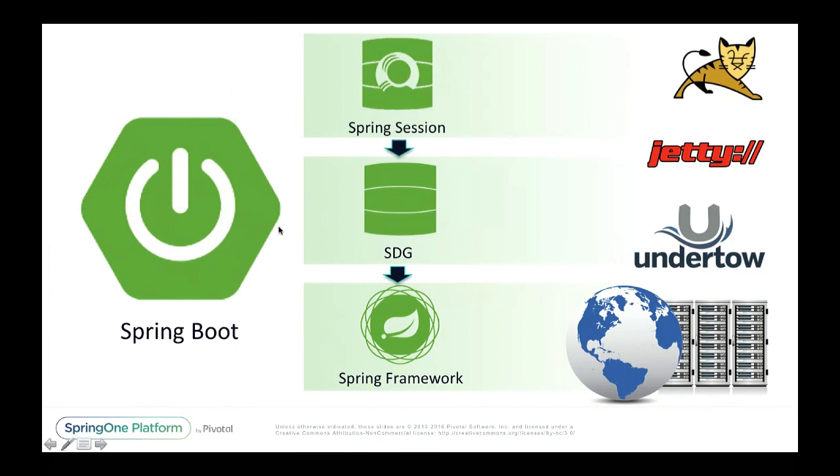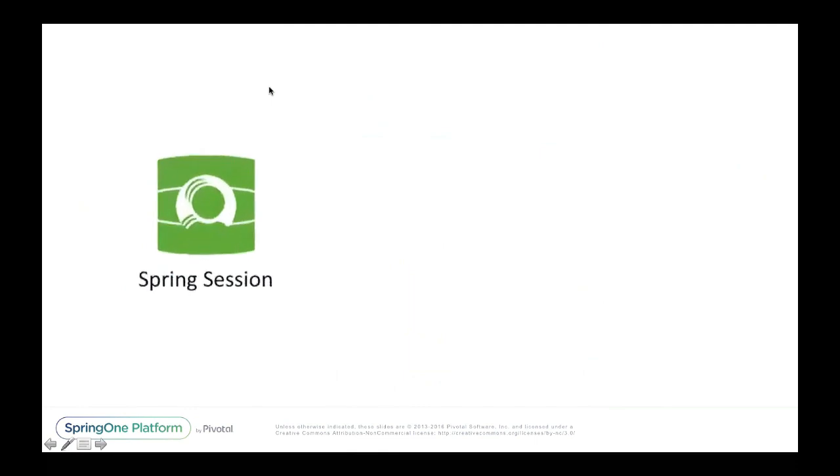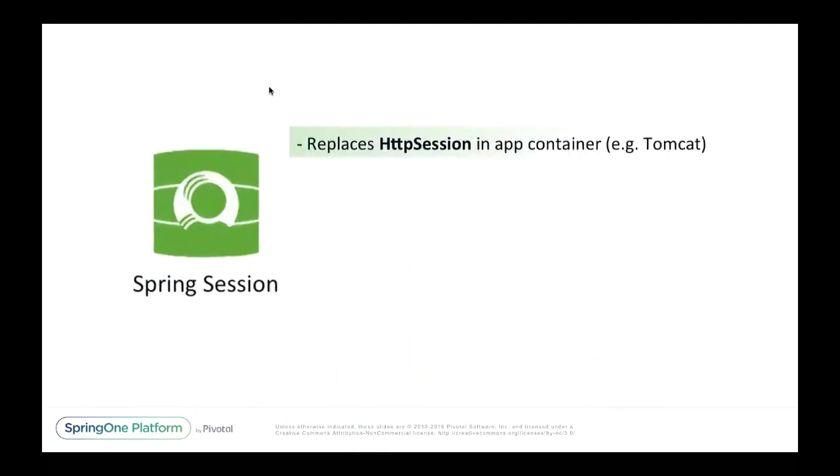So let's drill in a little bit further and talk about Spring Session in particular. Spring Session by default actually will replace, if you have a web application and you're dealing with HTTP protocol, obviously integrates with the Java EE servlet framework. And because the HTTP servlet request and the HTTP session are interfaces, they're really easy to provide an implementation for those things.